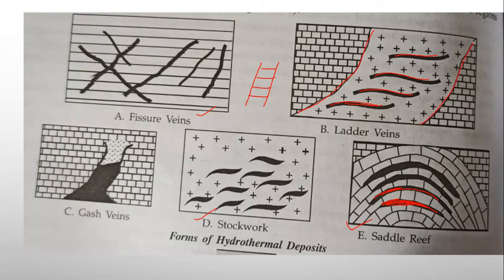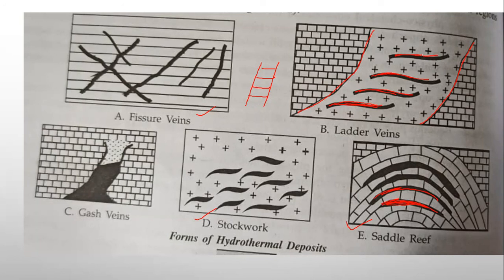In this igneous intrusion, it will form step-like deposits in that particular dike only. So this type of deposits are nothing but ladder veins. It looks like a ladder, step by step.